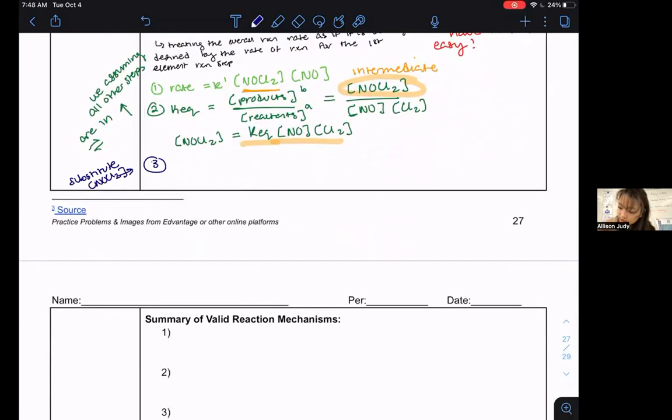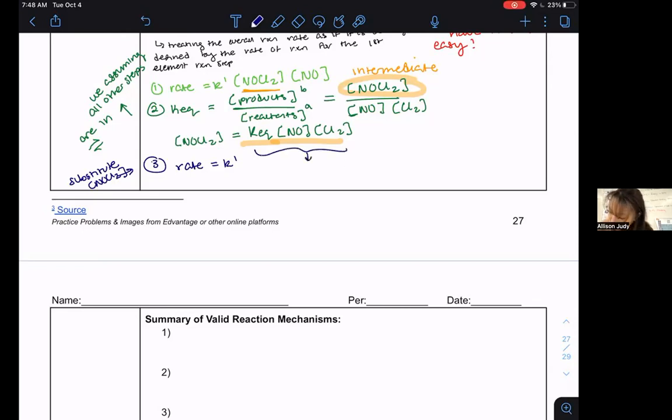So I'm going to say that the rate equals k prime. Going back to my original, times, what is the concentration of NOCl2 equal to?